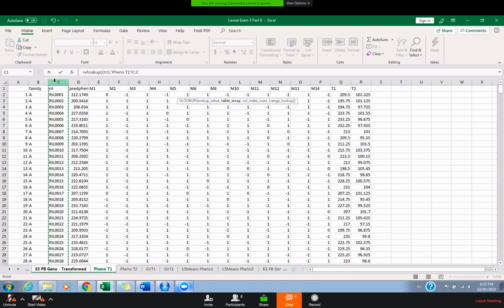So you click that, and you highlight over, and hold your mouse down once you get all the way over. Yep, you can keep going. Okay. Then you just hit comma again, and then 2, because it's the second column you want to look up, and then comma again, and then false. And that should be it.